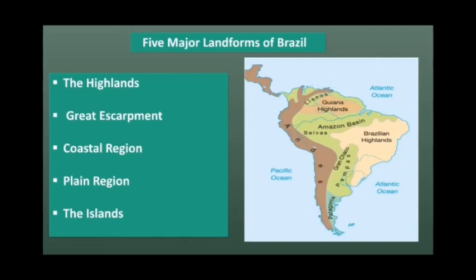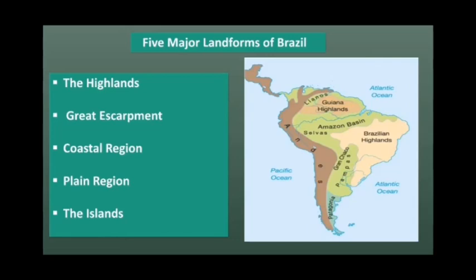Escarpment means that whenever there is a mountain near a coastal area, the part of the mountain that faces the sea gets eroded because of the winds and waves. With the force of the winds and the waves, that portion of the mountain breaks.